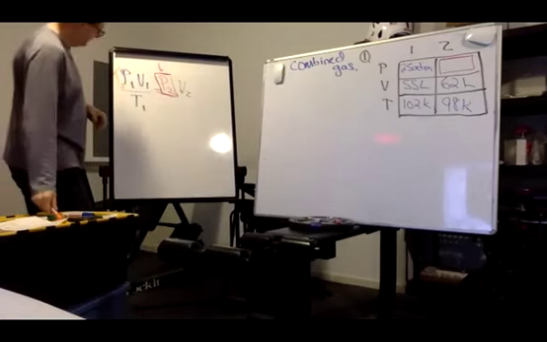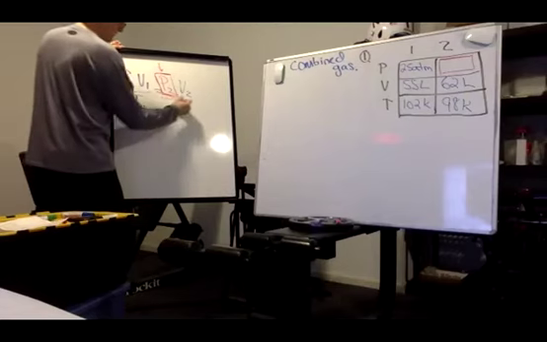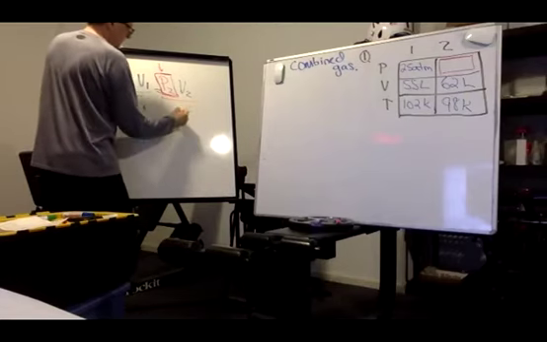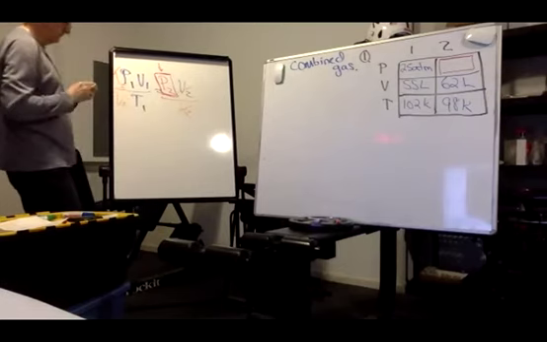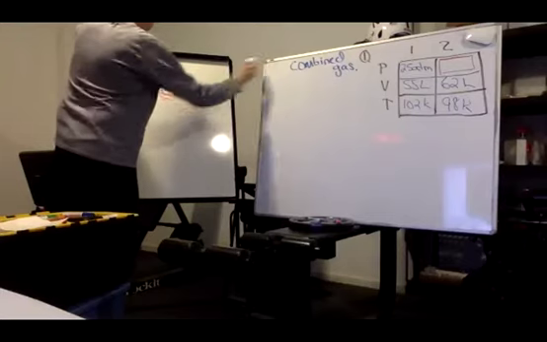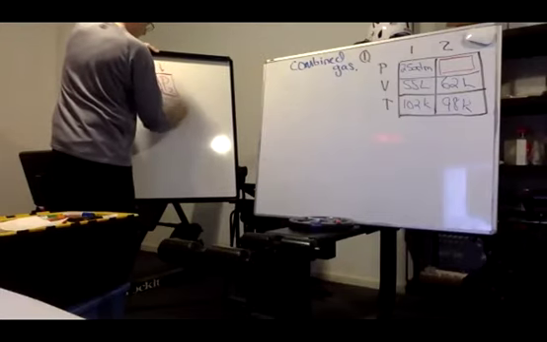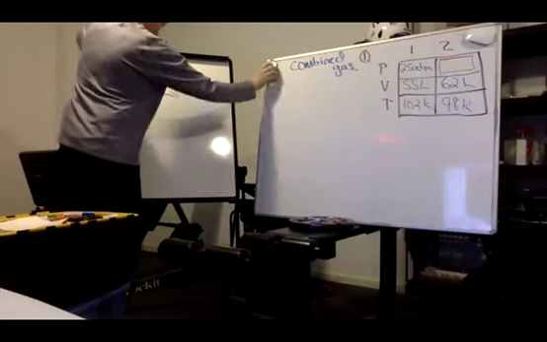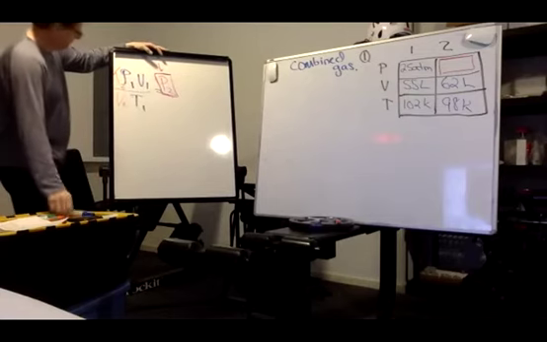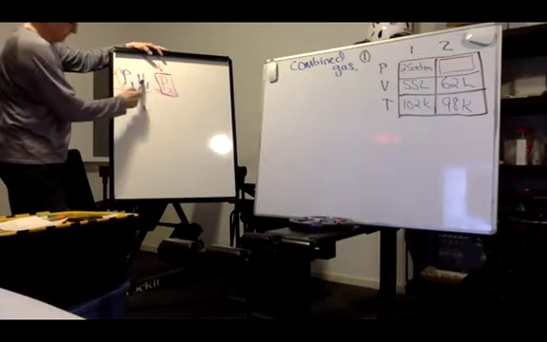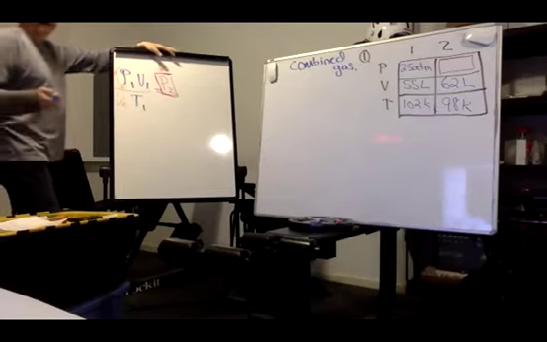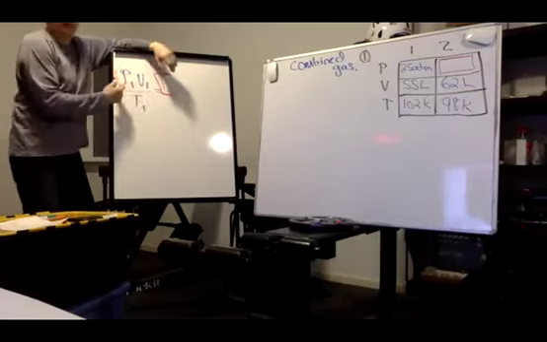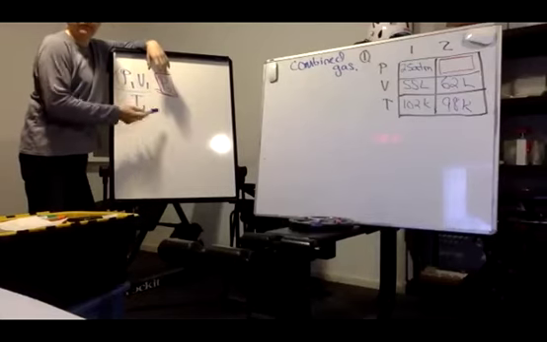Next thing I have to do is move V2, which means I need to multiply or divide both sides by V2, and I move that over to the other side. So my new functional equation is T2 P1 V1 over V2 T1. In any combined gas law problem, there's going to be 3 numbers on top and 2 numbers on the bottom.